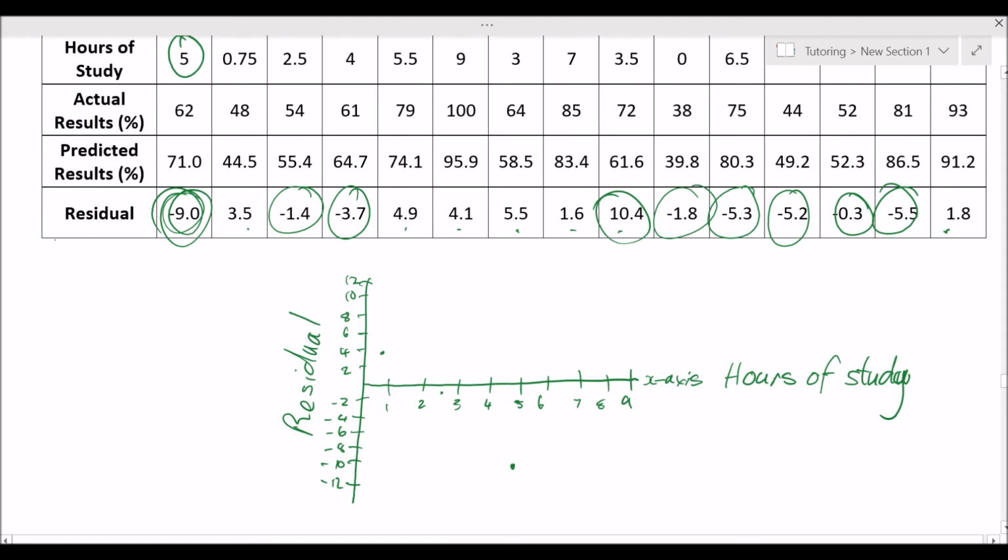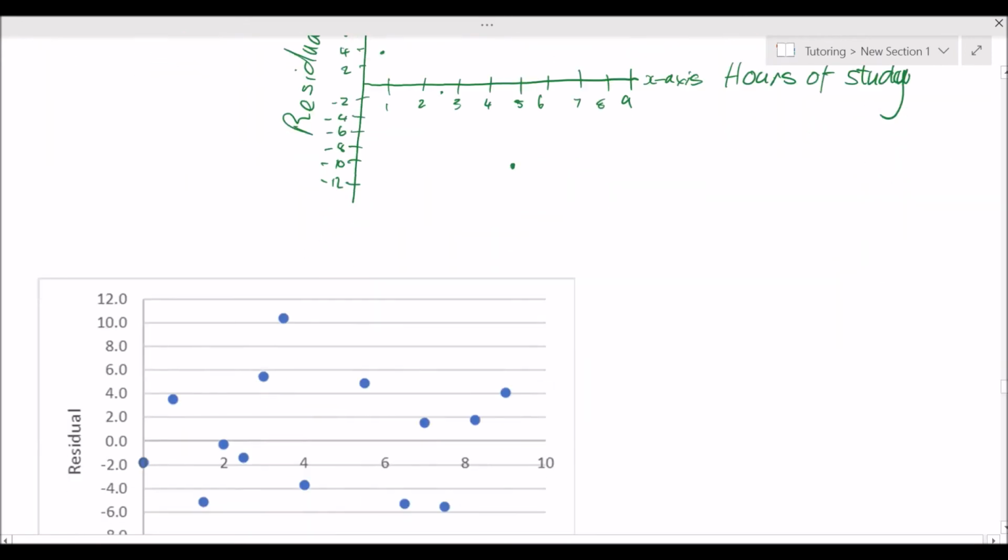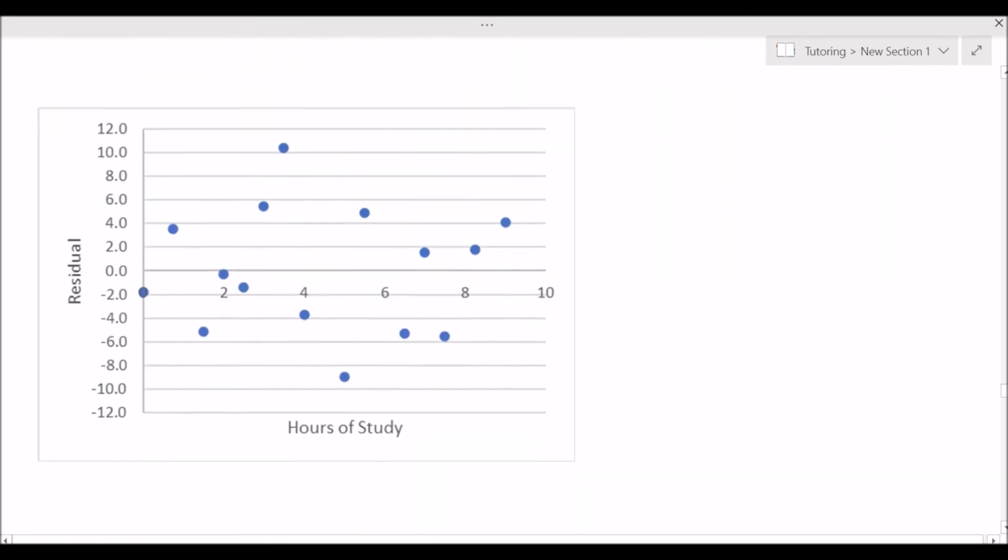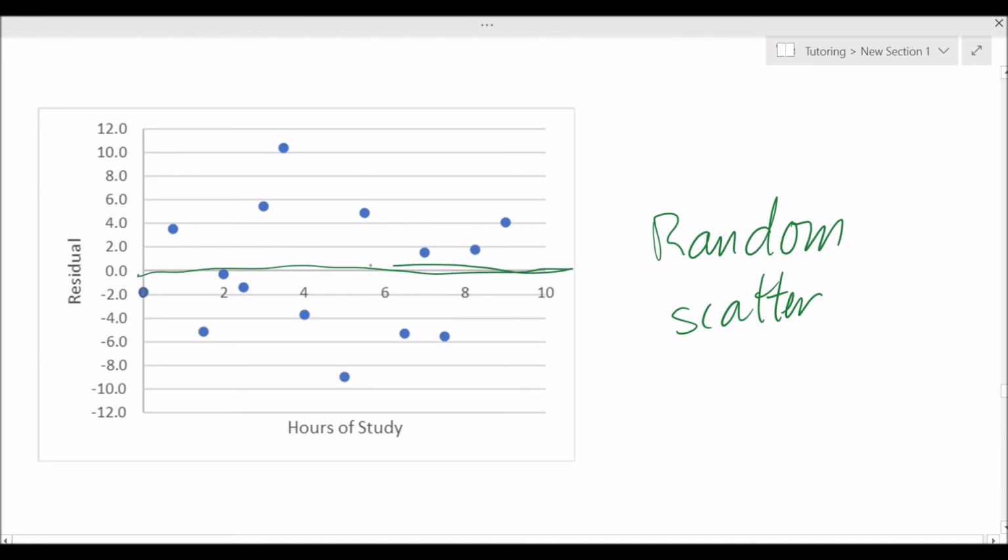What you should end up with is this. And it looks a bit strange, but this is exactly what it's supposed to look like. We call it random scatter. It should look like the dots have been randomly scattered around this 0 value on the x-axis.